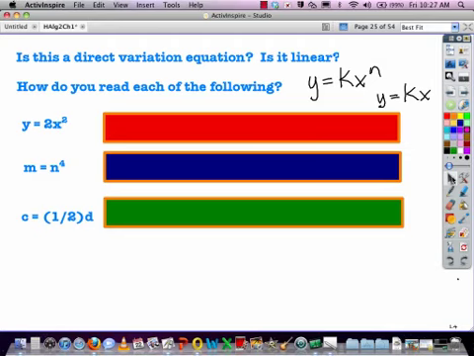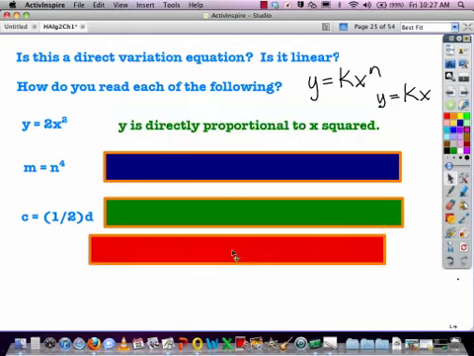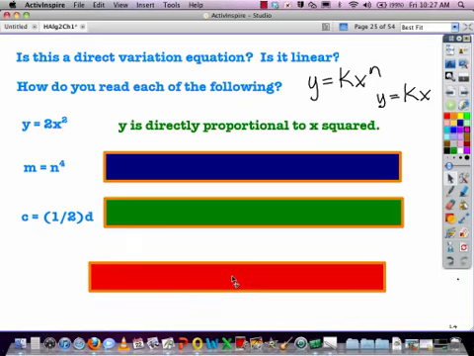So the first one, y equals 2x squared. Reading the numbers and symbols. Reading it for meaning would be y is directly proportional to x squared. If you didn't say that, you could have also said y varies directly as x squared.